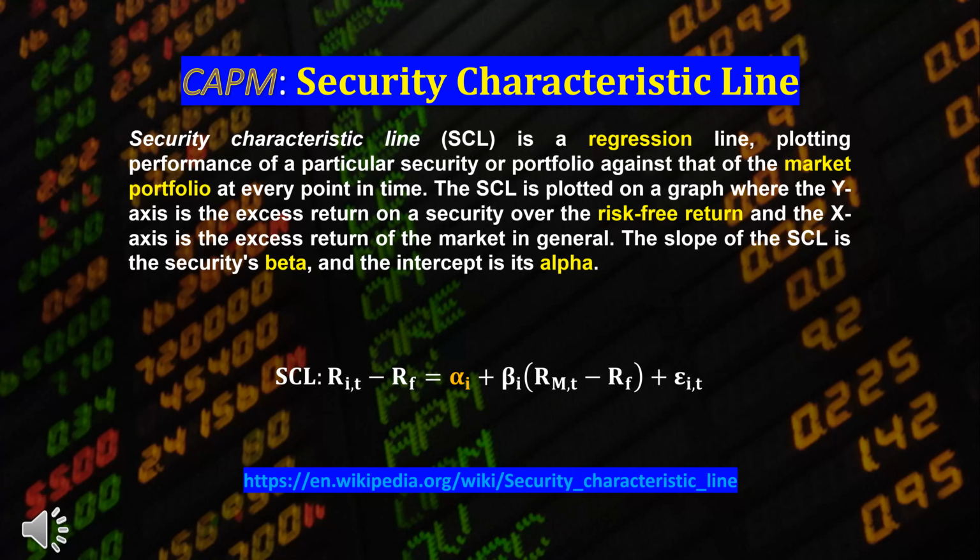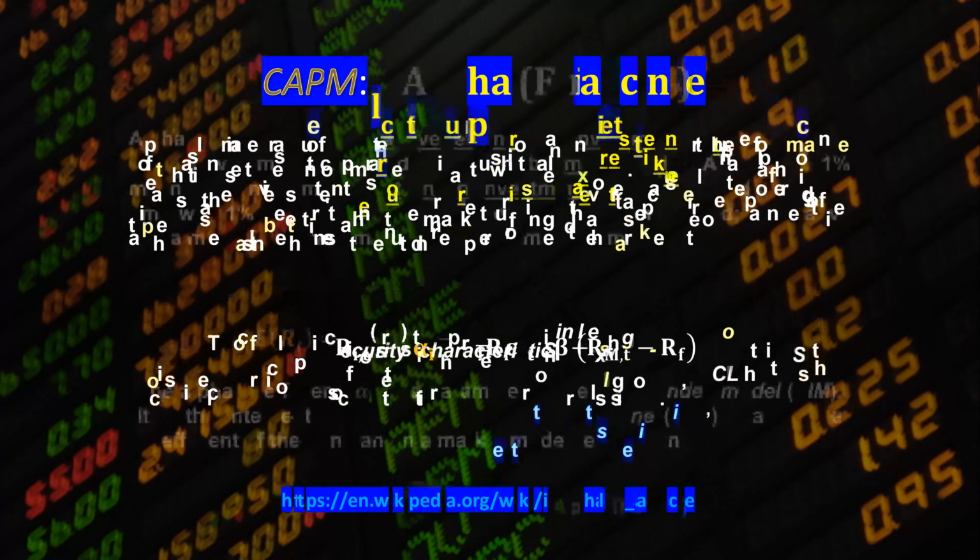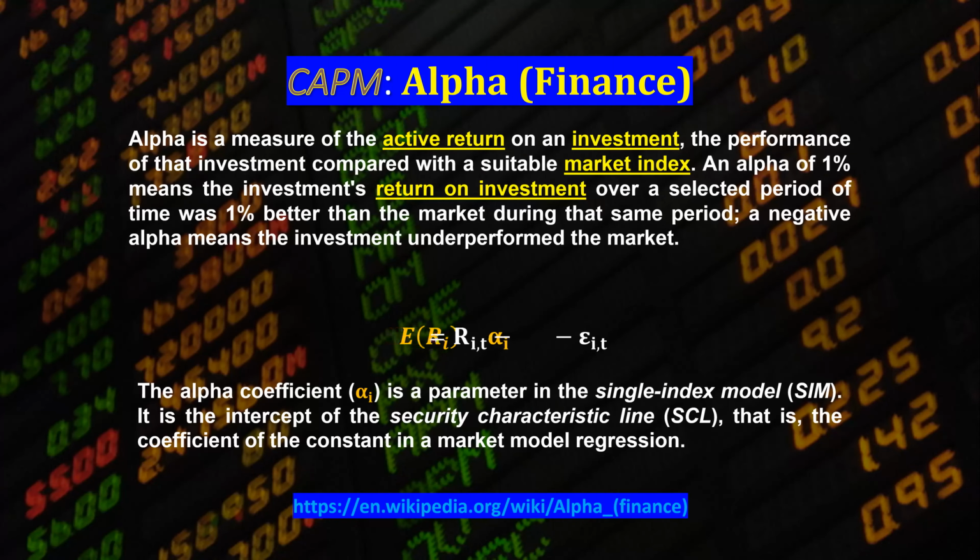Through a series of mathematical manipulations, one can derive alpha as follows. One might recognize this last derivation as the asset premium minus beta multiplied by the market premium, not taking into consideration the minus epsilon.